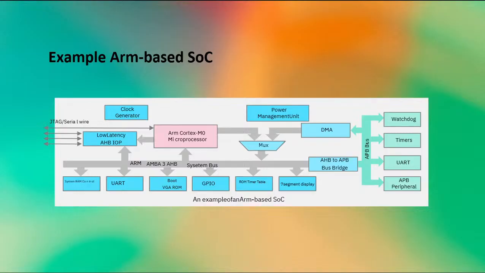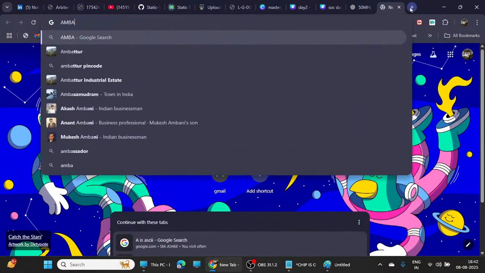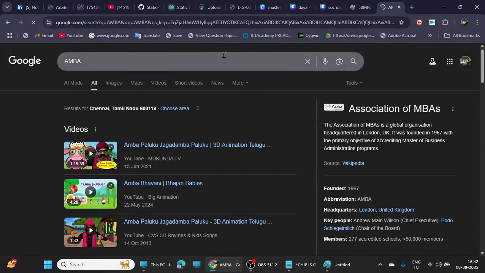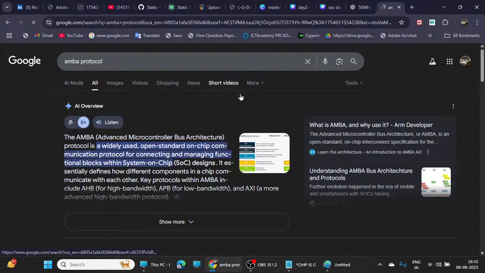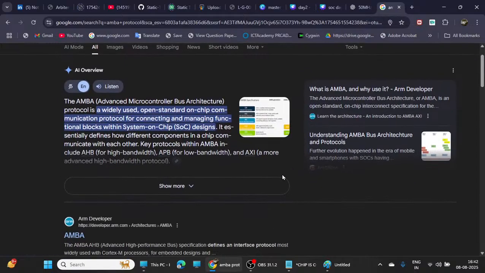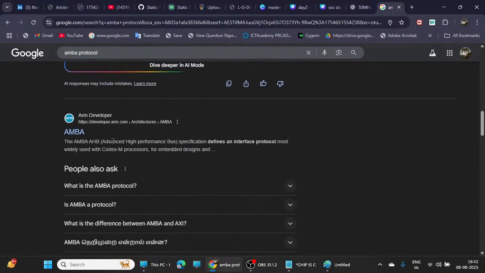Who gave these protocols? These protocols are given by ARM. ARM is the only company holding the IP, like a patent, for these protocols. I will show the company. Advanced Microcontroller Bus Architecture, you can see here the AMBA developers.